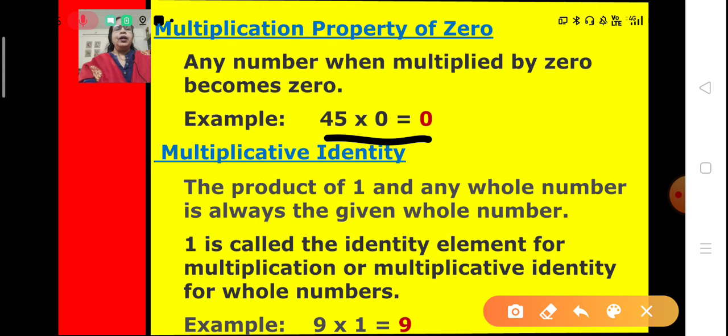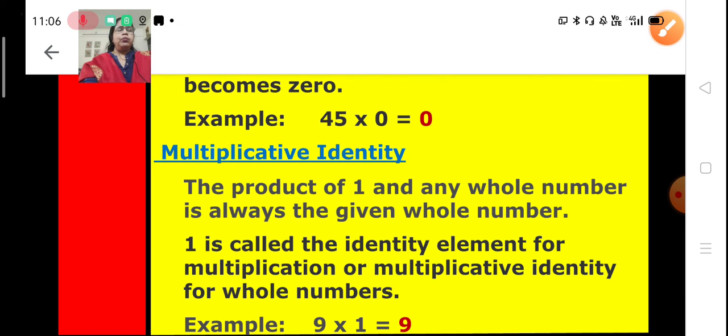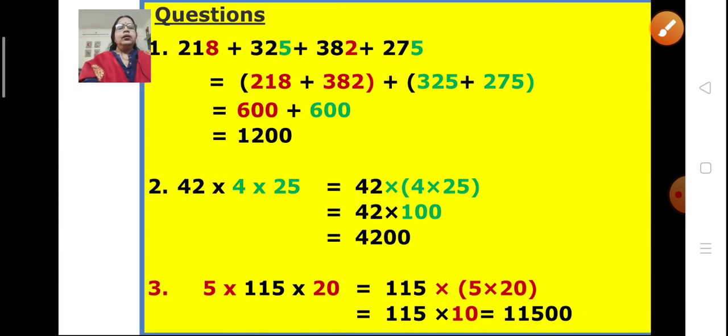If we multiply any whole number with 1, we get the same whole number. So 1 is known as the multiplicative identity for whole numbers. For example, when we multiply 9 by 1, we get 9, or any other whole number when multiplied by 1, we get the same number again. Now we have some questions here.